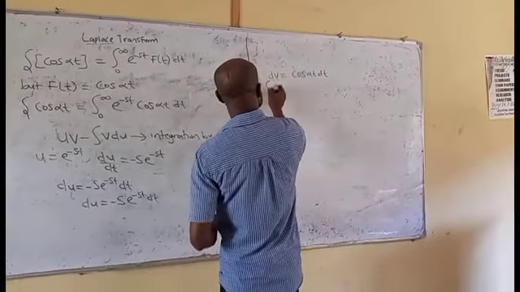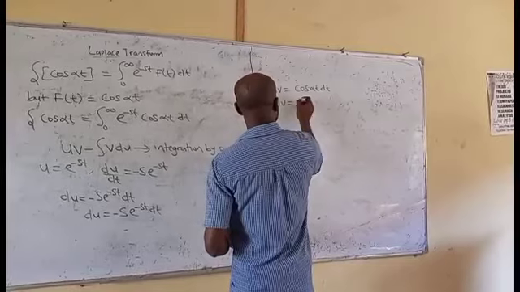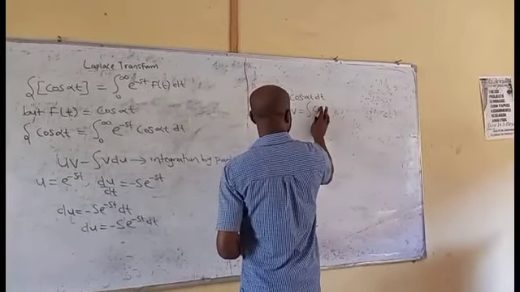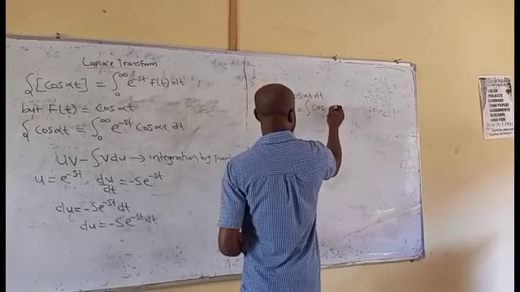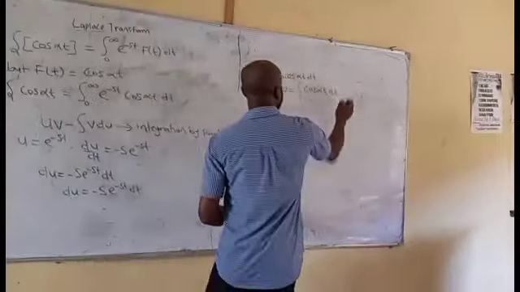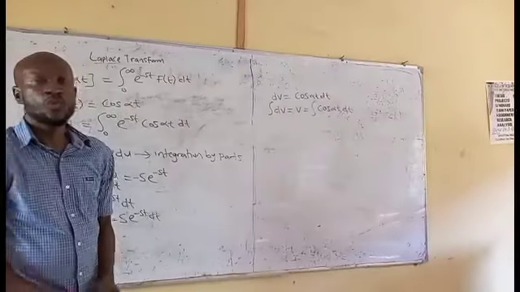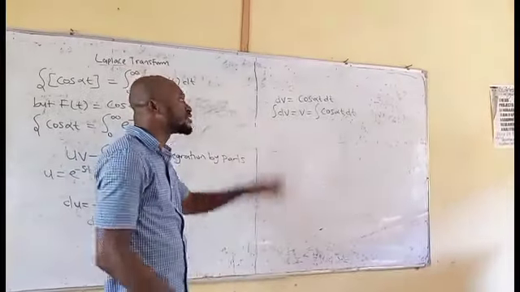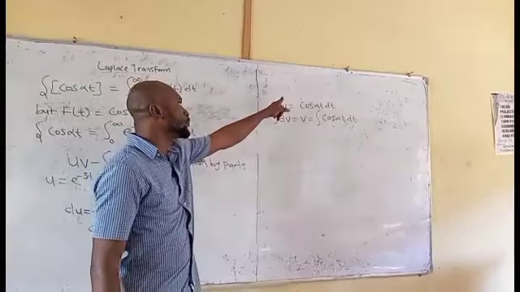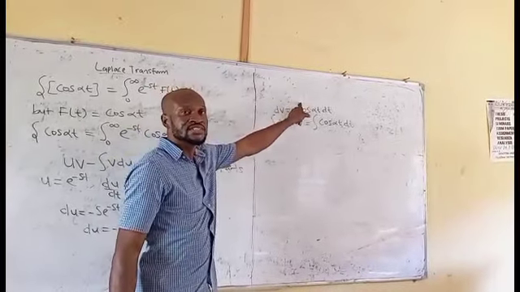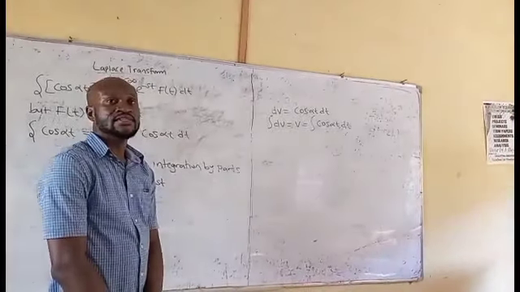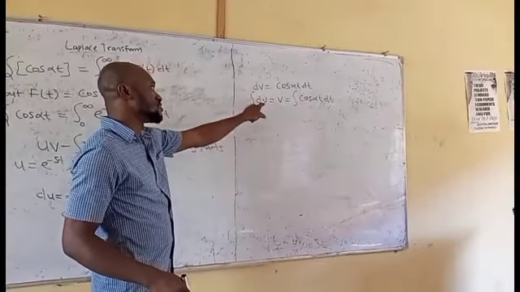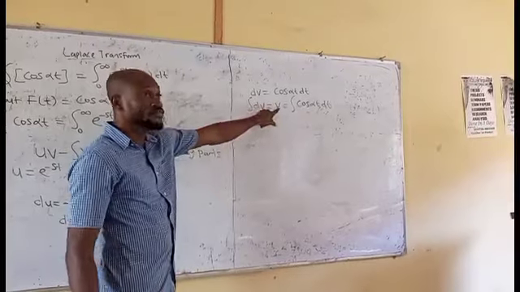The integral form affects both sides, meaning that you will integrate this and you will also integrate cos alpha t dt. So the integration of dv will give you v.